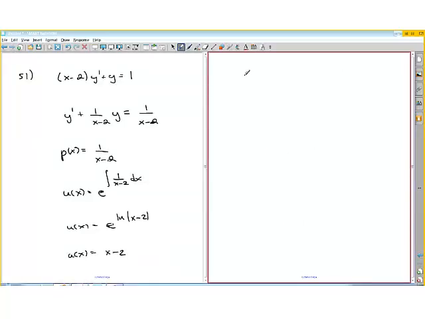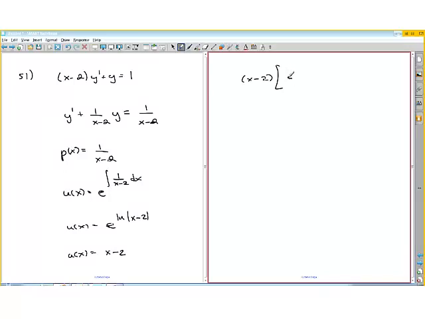So what do we get? Well, then we take that and multiply it by the original equation, which becomes, I'm just thinking here, yes, okay.